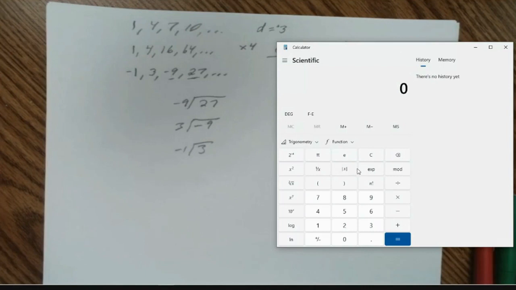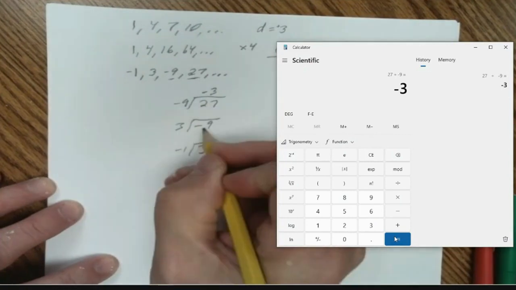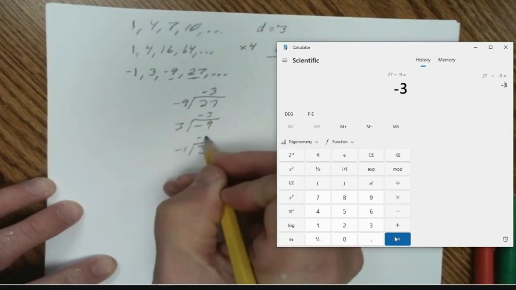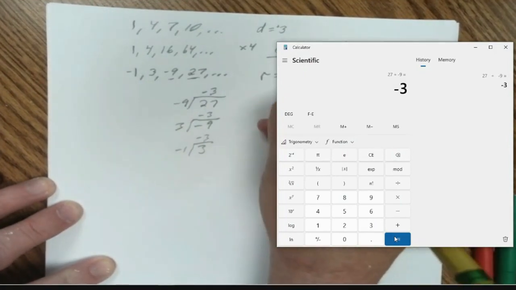You can use a calculator if you like. 27 divided by -9, yeah, you guys are getting in the chat, is -3. And -9 divided by 3 is also -3. 3 divided by -1 is also -3. So this is a common ratio of -3.